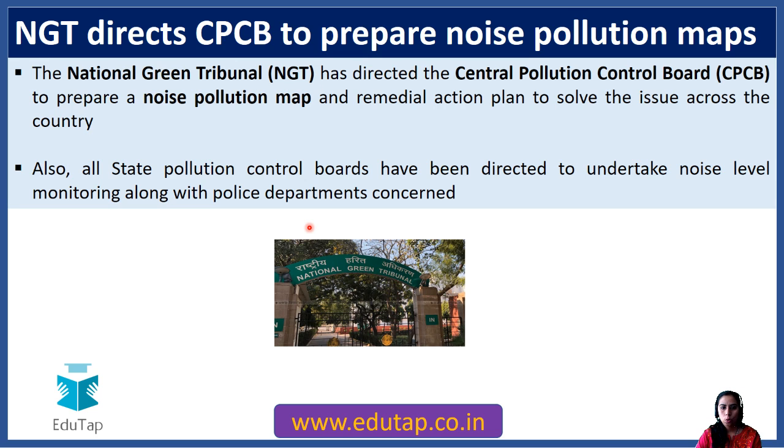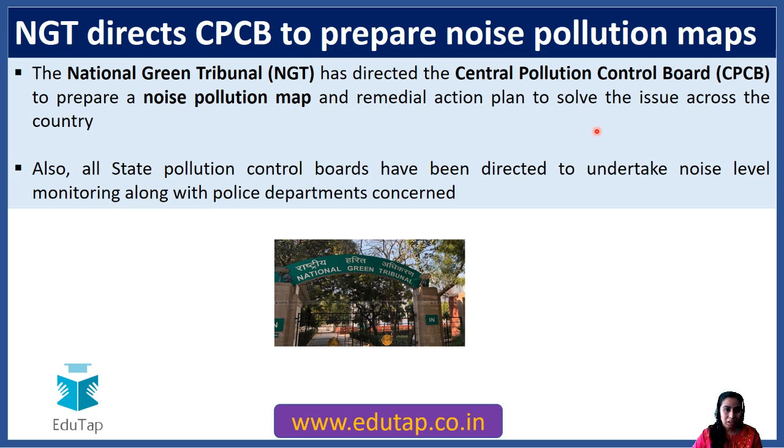Okay, so this news is related to NGT, National Green Tribunal. We have covered NGT in our previous videos. I'm not going to tell about NGT. Rather, what is important for you is the preparation of the noise pollution map. So this is the first such exercise which is going to take place. NGT has directed CPCB, that is Central Pollution Control Board, to prepare the noise pollution maps.